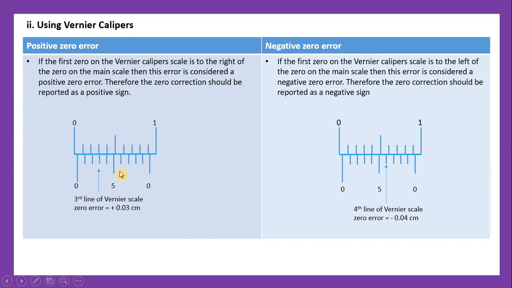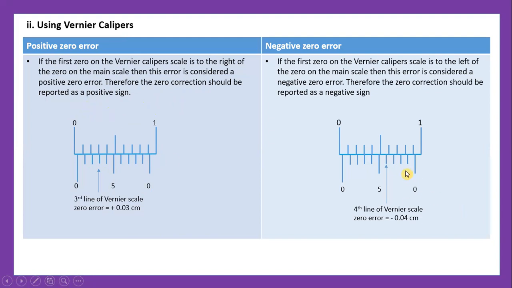So the rule is, if the first zero on the vernier caliper scale is to the right of the zero on the main scale, then this error is considered a positive zero error. You see the error is 0.03 centimeter, so the error must be positive. Therefore, the zero correction should be reported with a positive sign.